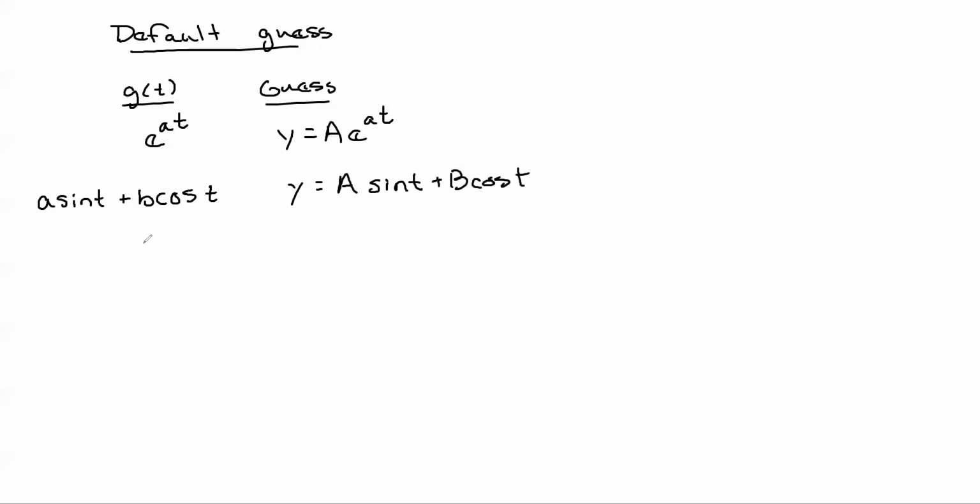All right. What if you have a polynomial a_n t^n plus a_(n-1) t^(n-1) plus dot dot dot plus a_0? If you've got a polynomial, then you should guess a polynomial, and your guess should be the same degree as the original.